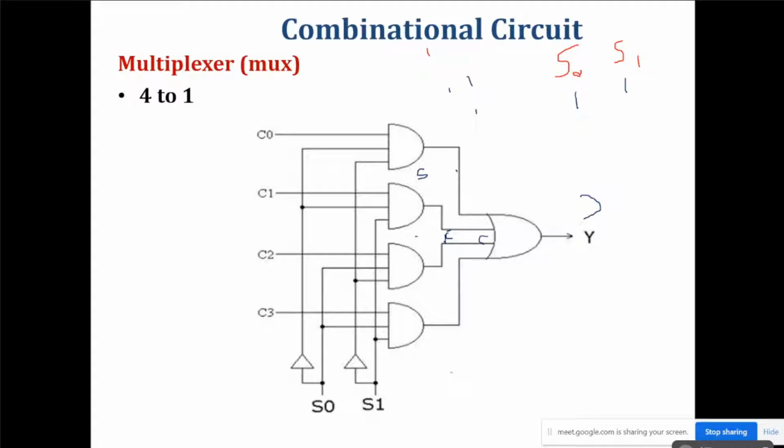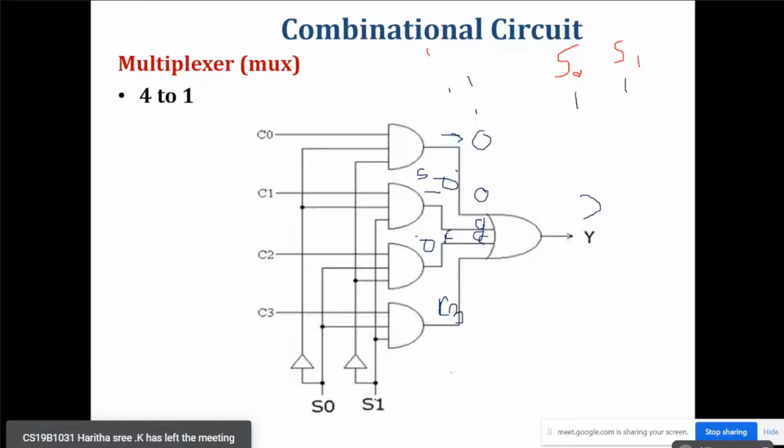Okay, so for the 1 1 combination, this will be 0, this will be 0, this will be 0, this will be 1. So what will be the output? 0, 0, 0. It's not 1, it will be C3. S0 is 1, S1 is 1, and which is ending with C3.